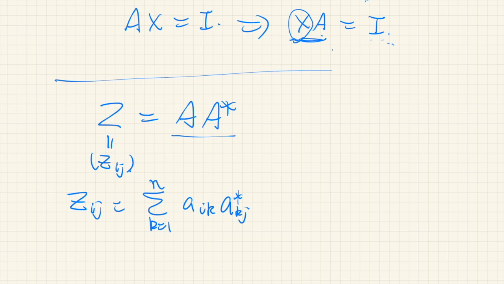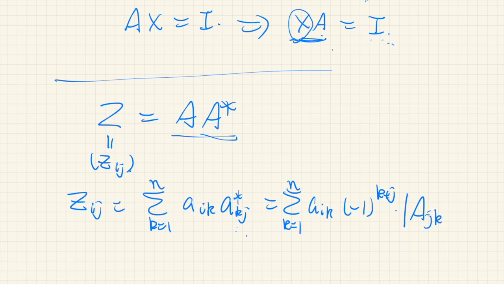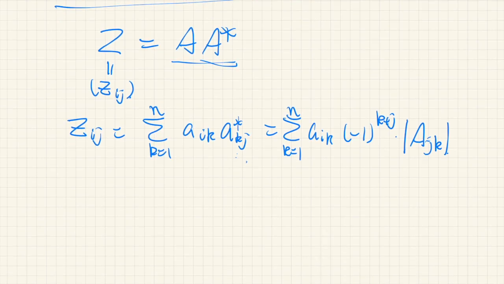Okay, but A star is the adjugate of A, so applying the definition of the adjugate, we have a_jk and negative 1 to the k plus j, and what was it? The smaller matrix, with kj, so it's jk, right? Okay, so let's arrange a little bit.